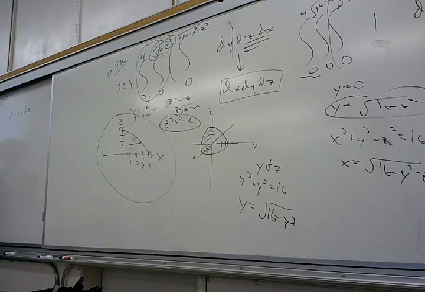So the inner integral is going to be just this here. You get an x, so you just get this here. Now, notice what this is. Now, here's the cool part about this.